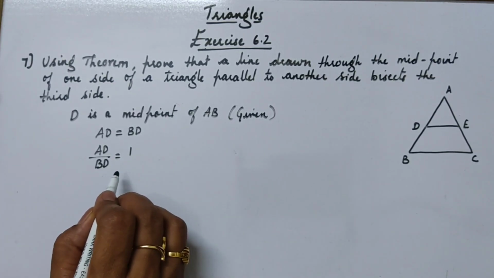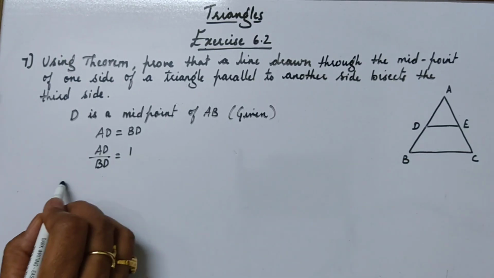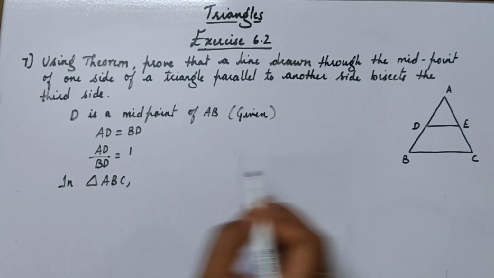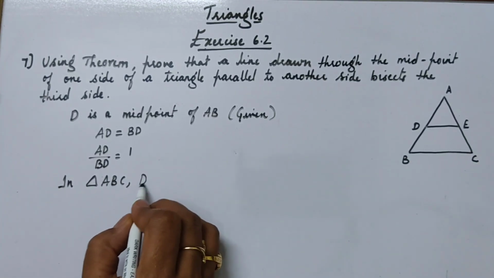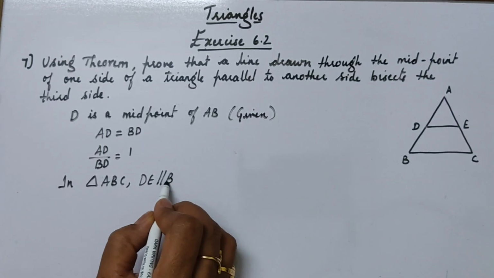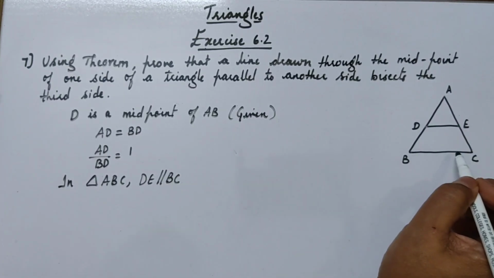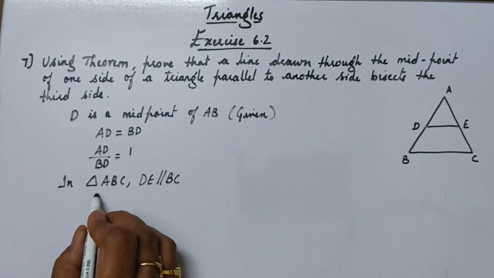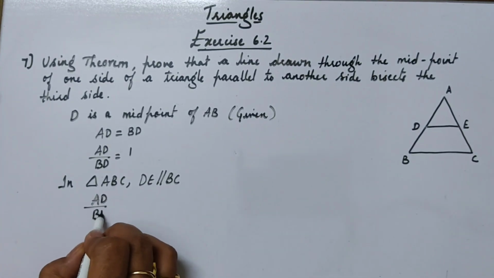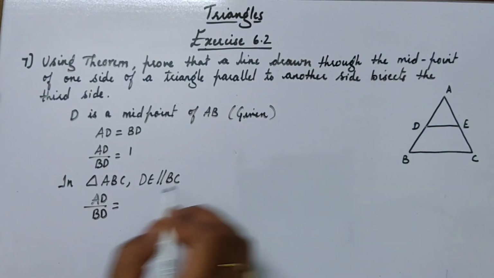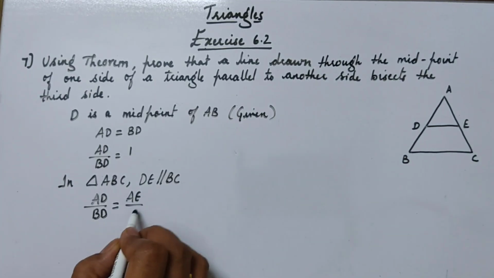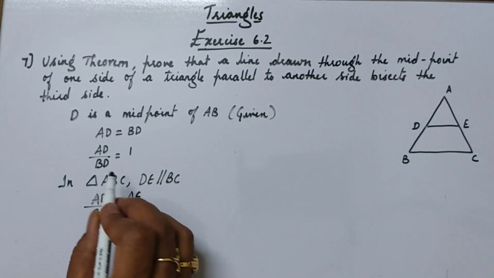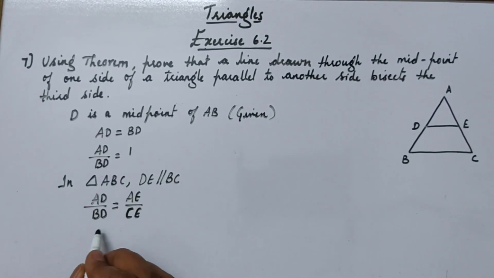Okay students. Now after that I can use a triangle. In this triangle ABC, DE is parallel to BC. When these both are parallel, I can use the Thales theorem here, that is AD by BD equals AE by CE. But we know AD by BD is nothing but 1.